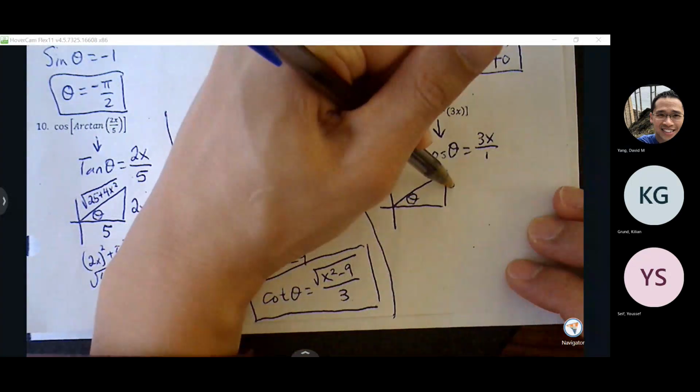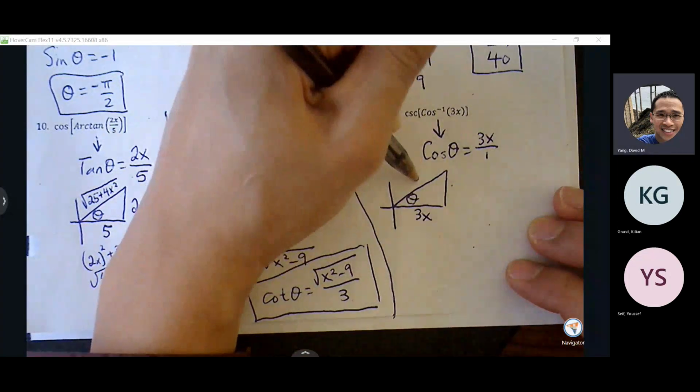Three x over 1. Adjacent over hypotenuse.